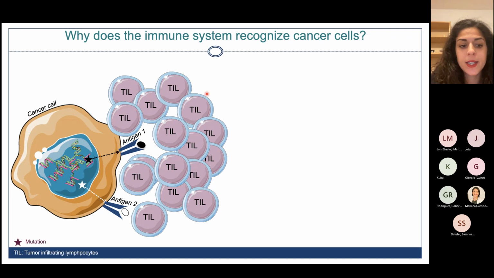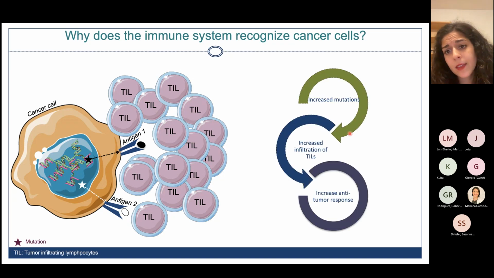So basically, the tumor infiltrating lymphocytes, so T lymphocytes that can actually invade the tumor, can recognize specifically this antigen and then recognize and kill the cancer cells.